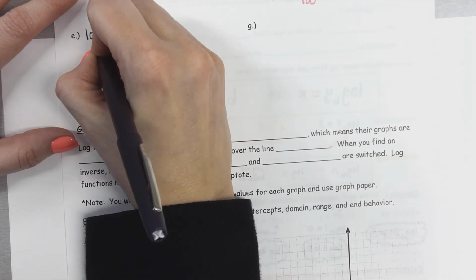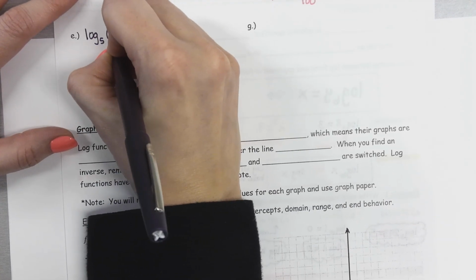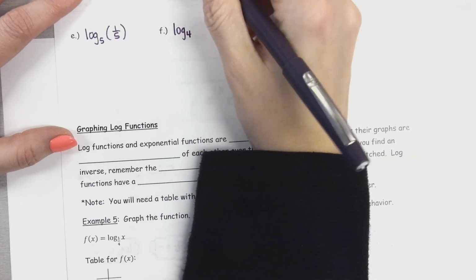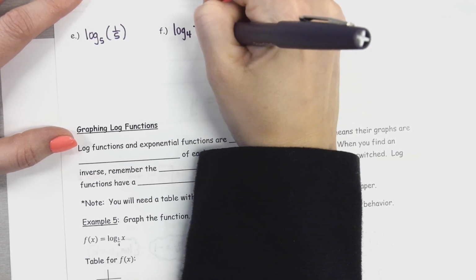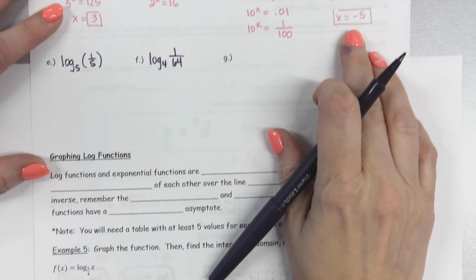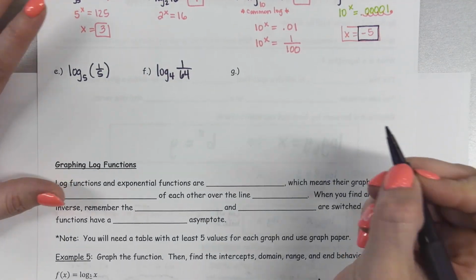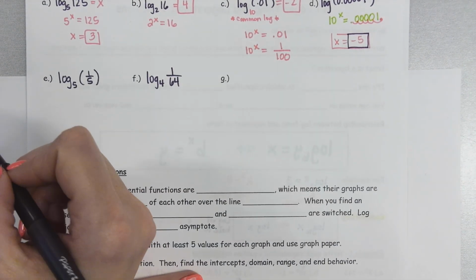So when you're asking, you can write x equals or you can just write the -5. Yeah, either one would be okay.